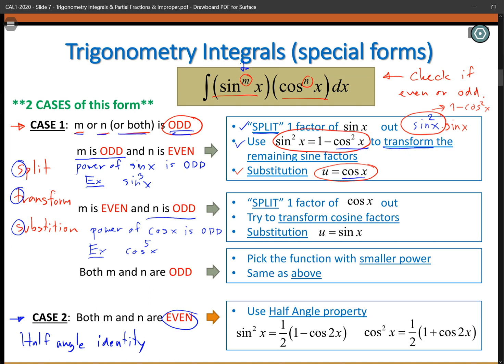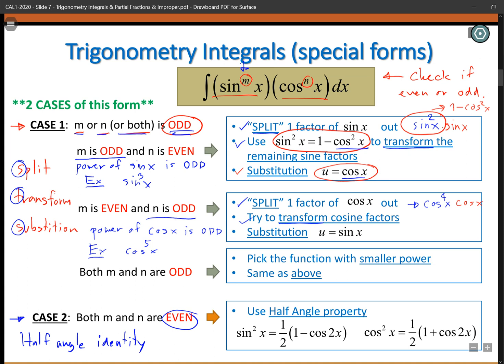We split one factor of cosine out, so we get cosine of x right here. And then the rest of the terms have a power decreased by 1, so we have cosine of x to the power of 4. From cosine to the power of 5, we got to here. And after that, we will do the transform right here.